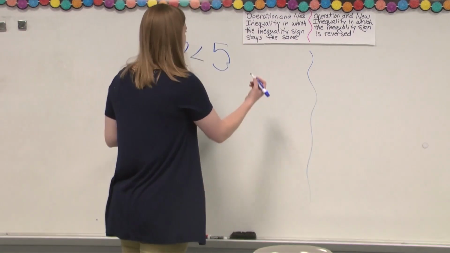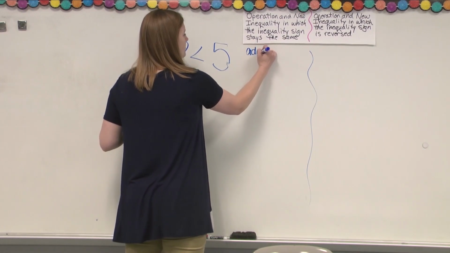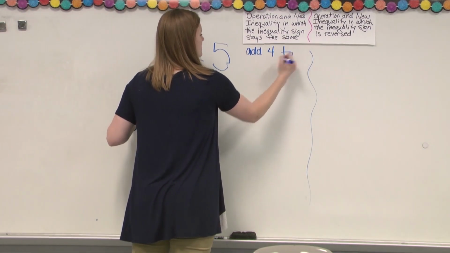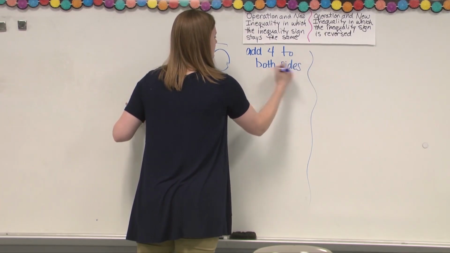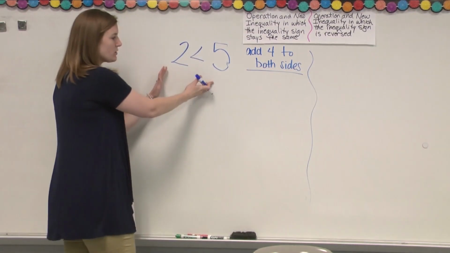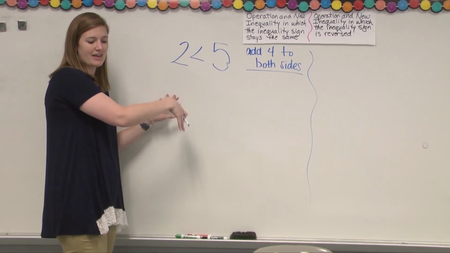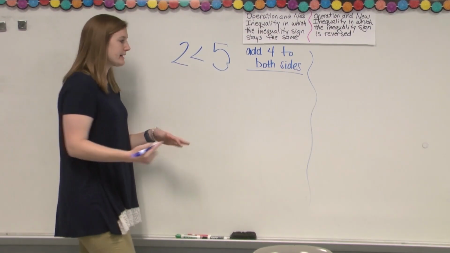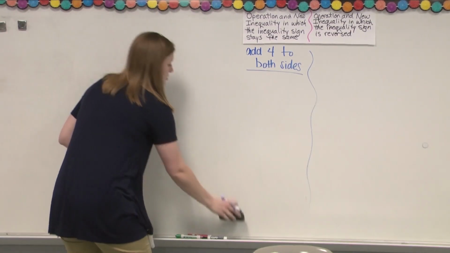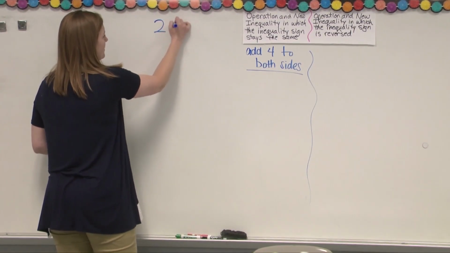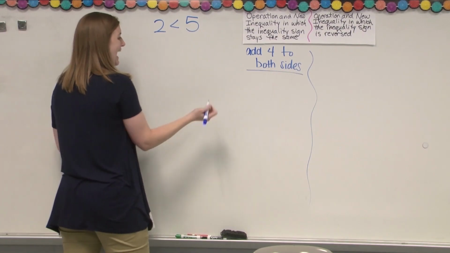Okay, so the first thing that we're going to do here is we're going to add 4 to both sides. So here's my inequality. 2 is less than 5. So I'm going to go ahead and add 4 to both sides.